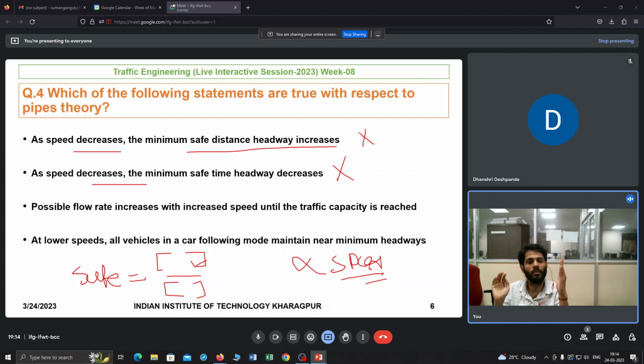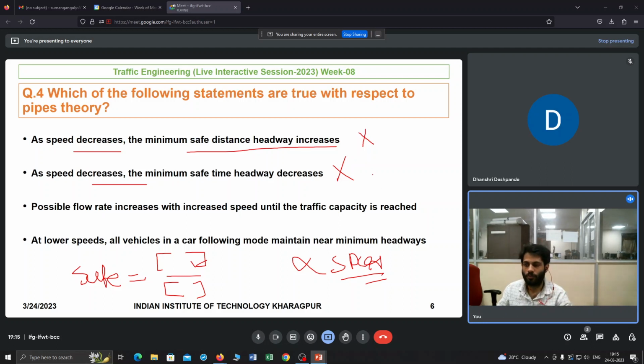What is flow? Flow is the number of vehicles passing through a point in a particular time. Because you have increased the speed of the vehicles, your flow rate will increase. But once you reach the traffic capacity, if you increase the speed too much, the space headways will be so much higher that the flow rate will decrease.